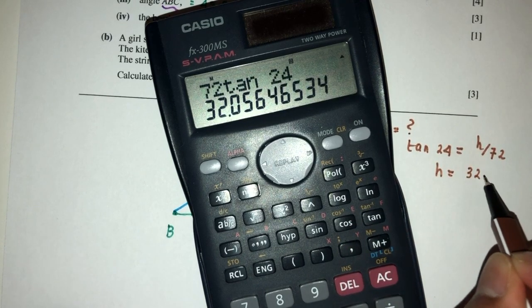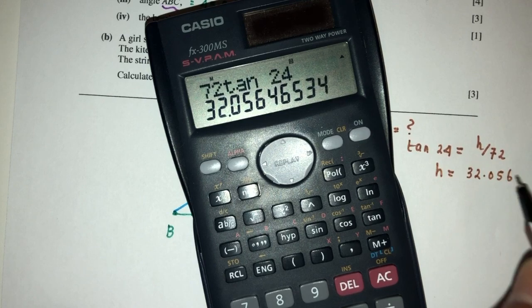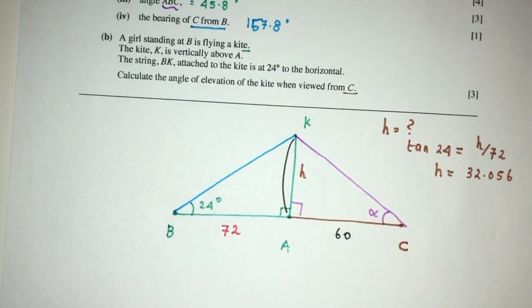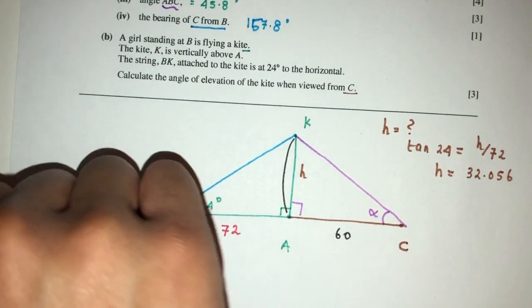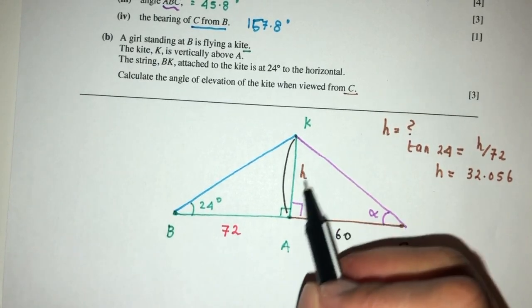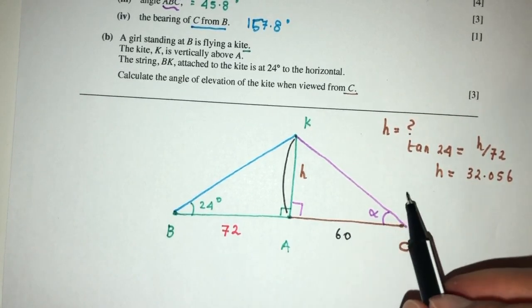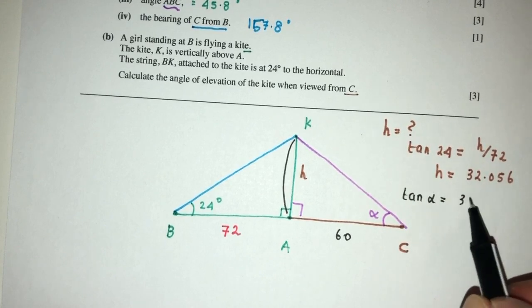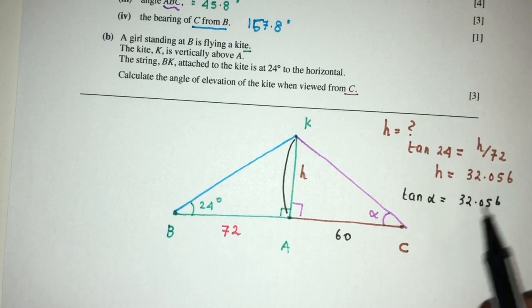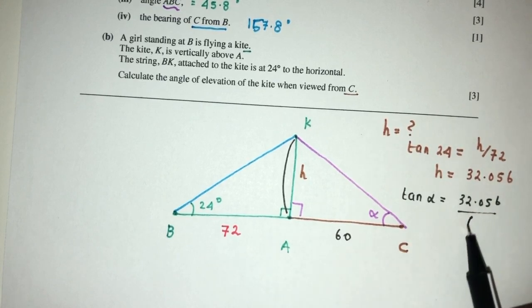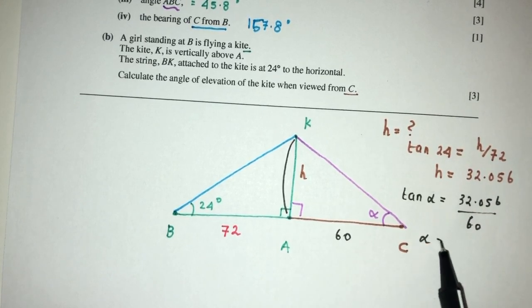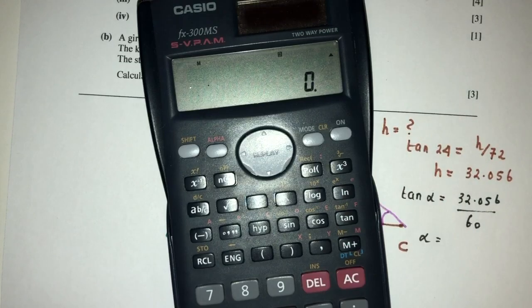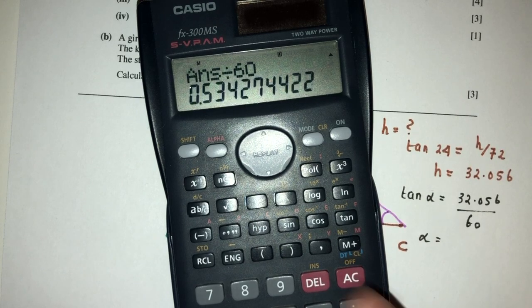That will be 32.056, right? That's the first step. Now you know the height, you know the A side, we have to use tan. So tan of the angle has to be the height divided by the A side. So alpha has to be eventually tan inverse of 32.056 divided by 60.